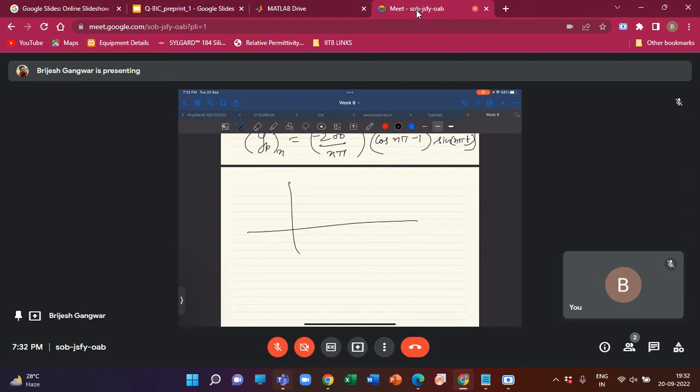As you can see here, the output will look like that, and our input function is like that, but this y_p(t) will look like that.